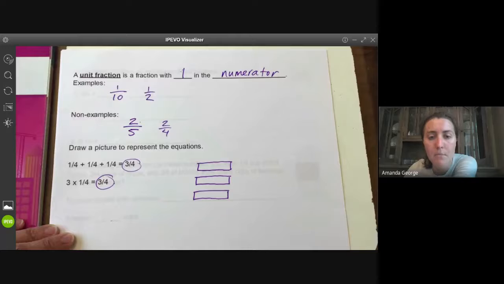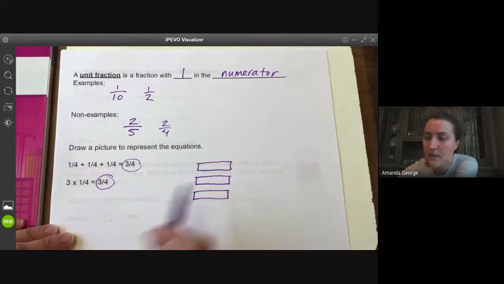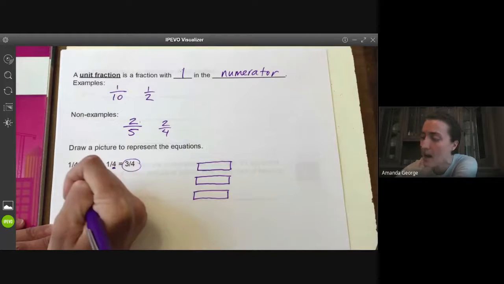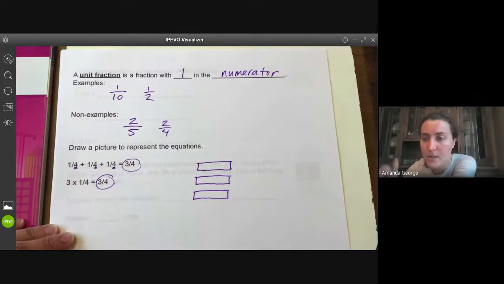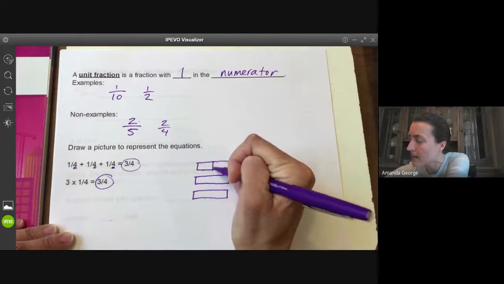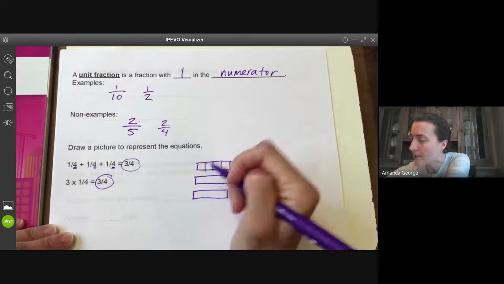Type or hold that number up on your hands or type it in the comments, whatever you prefer. Tessa's got it. Carlum's got it. 4 pieces, right? Because I have to pay attention. My denominator was asking for 4 equal pieces. Good corrections, ladies.